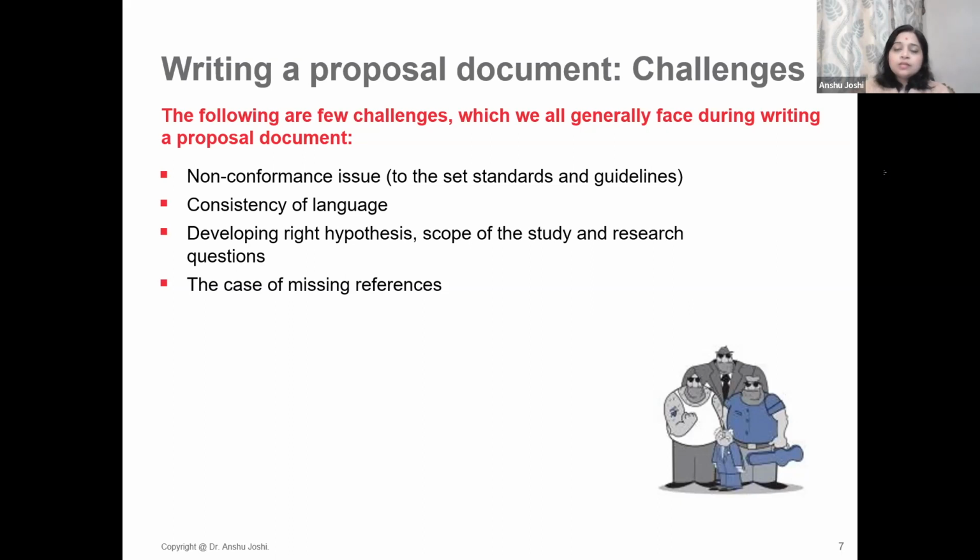A lot of times when we take viewpoints from a particular article or a news piece and so on, this needs to be properly referenced through whatever style we choose to follow as per the set standards for the particular kind of research proposal. And references are not to be missed at any cost, because again, it is related to the challenge of plagiarism.